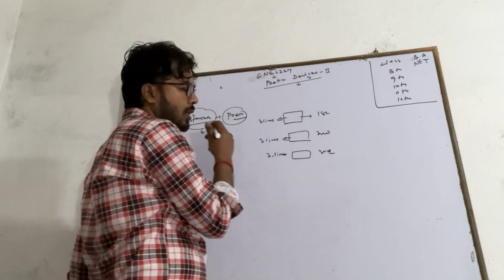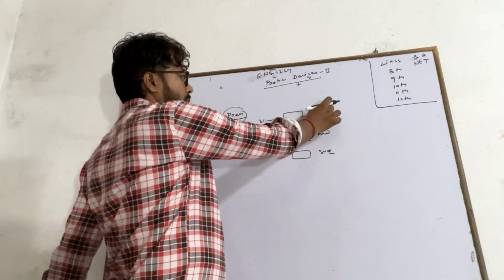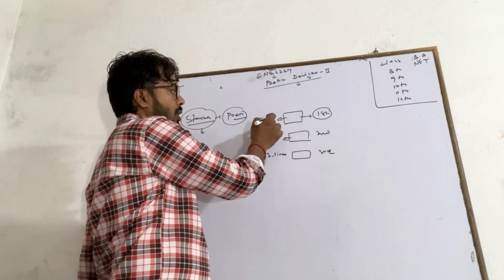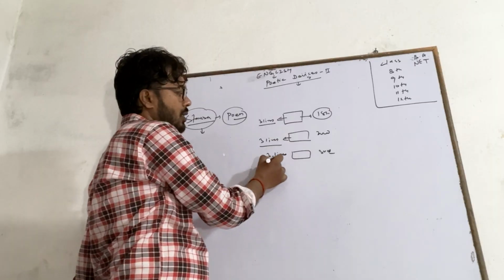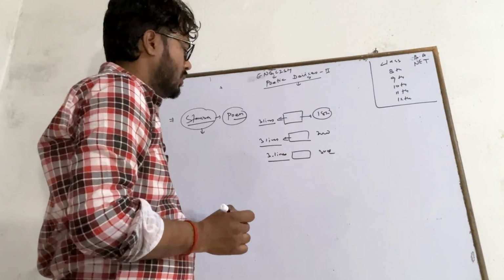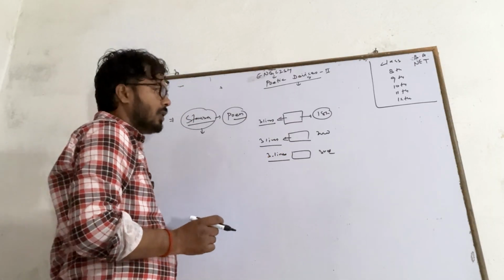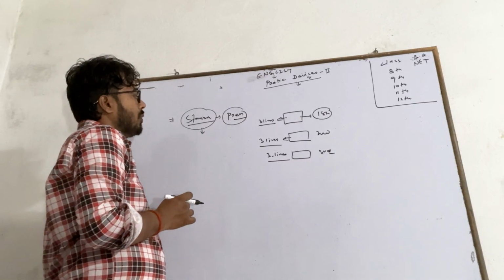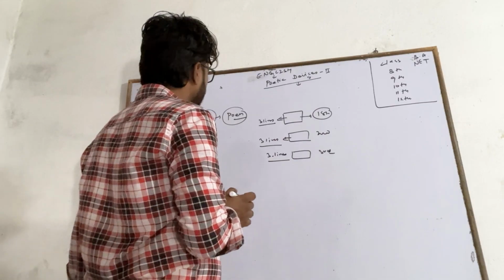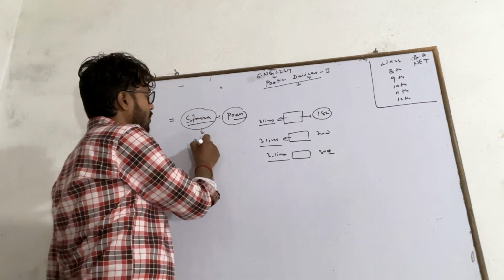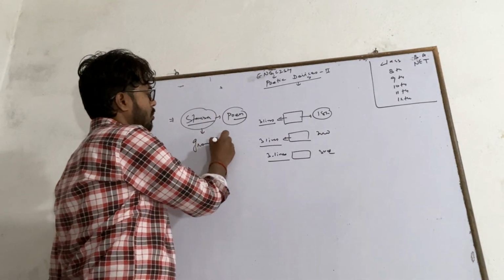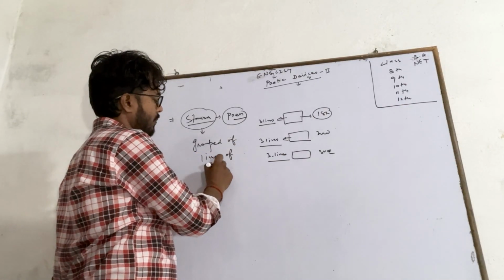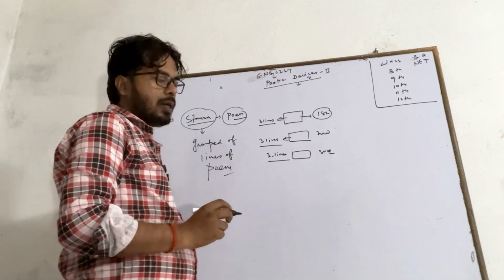It means the first stanza contains 3 lines, the second stanza contains 3 lines, and the third stanza contains 3 lines. If you have read any particular poems, you will surely understand what I mean. A stanza is a group of lines of a poem. That is called a stanza.